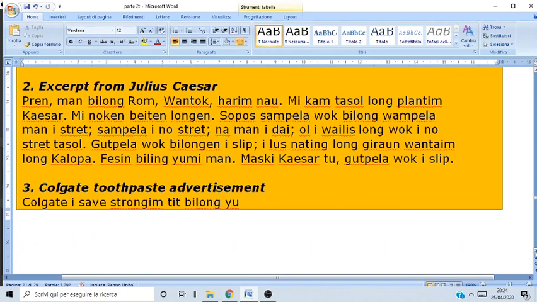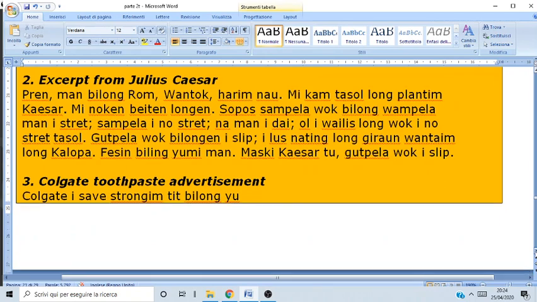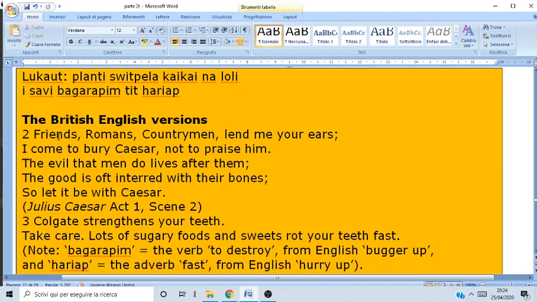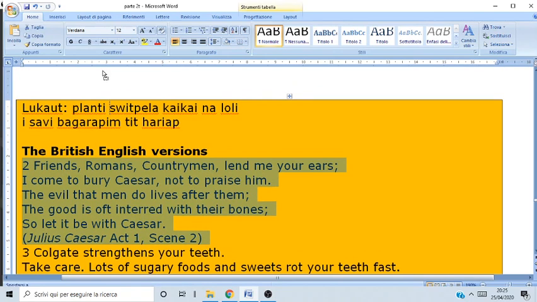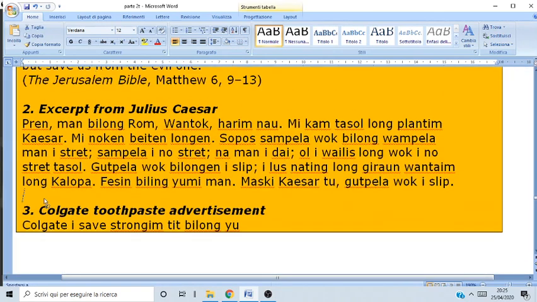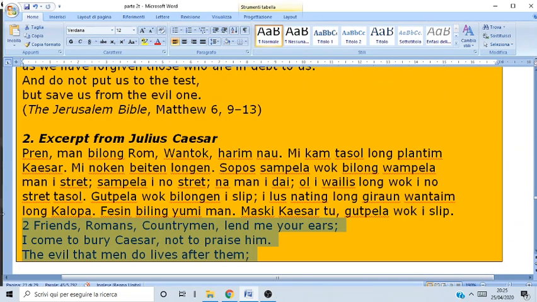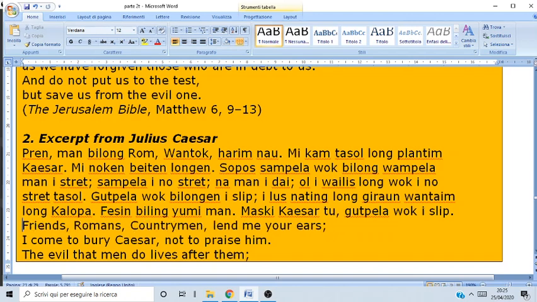Second part, let's look at an excerpt from Julius Caesar. Give me a second to pull up the translation. Friends, Romans, countrymen, lend me your ears.